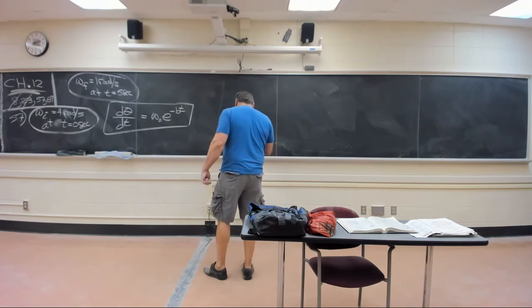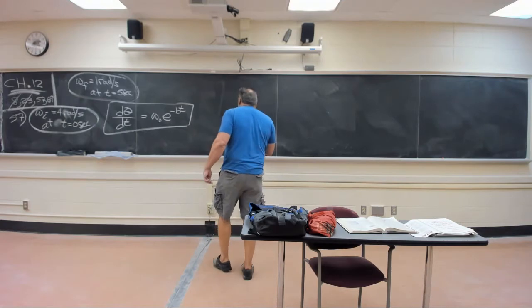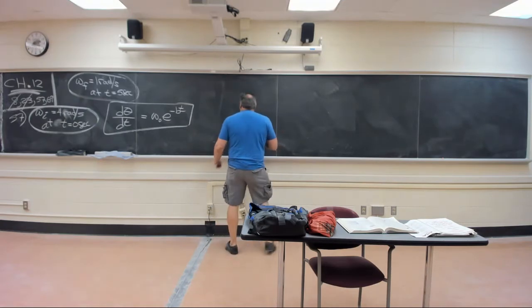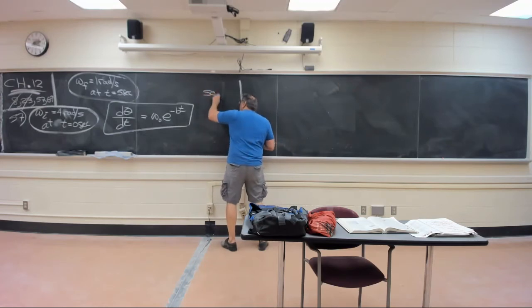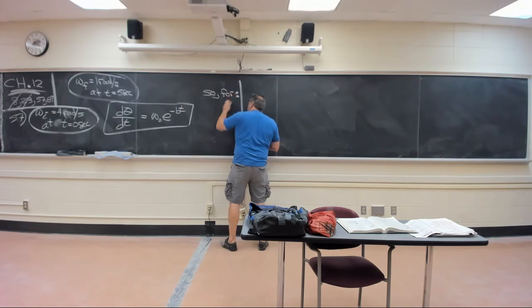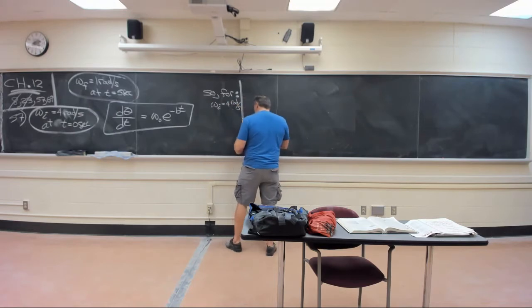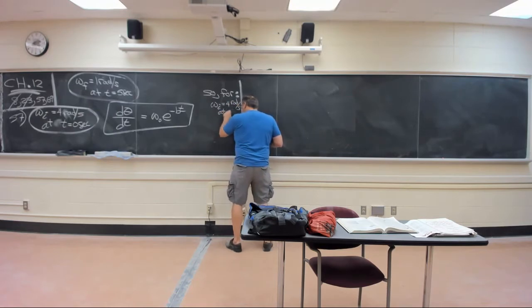So if that's the case, let's play a few games here, I guess you could say. So for the following: omega sub I equals 4 radians per second at t equals 0.